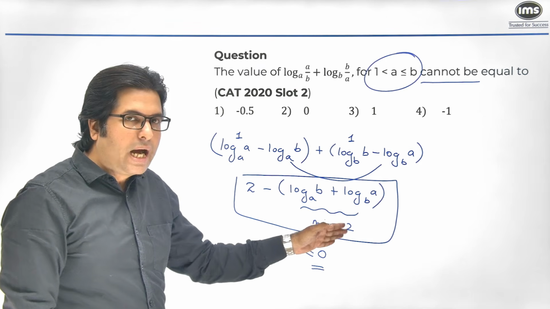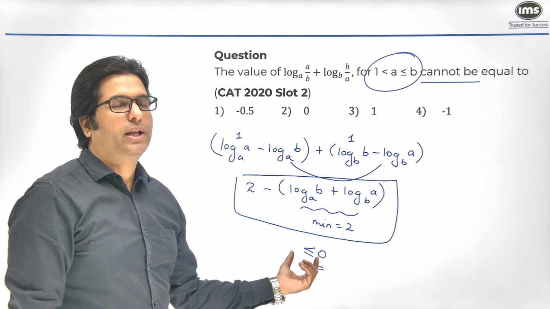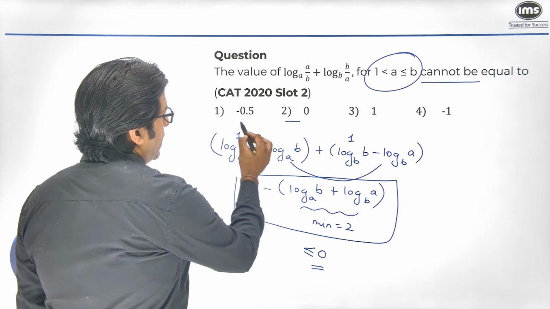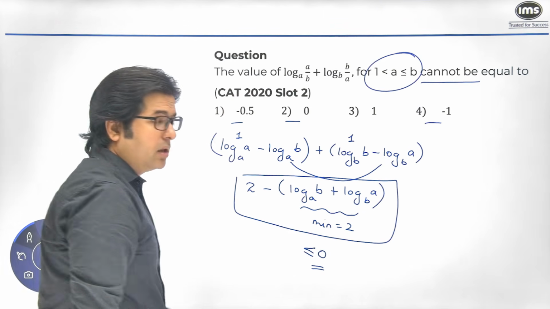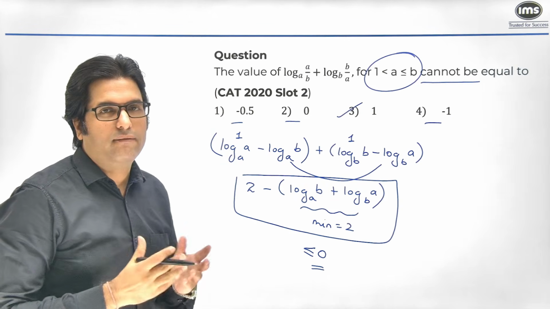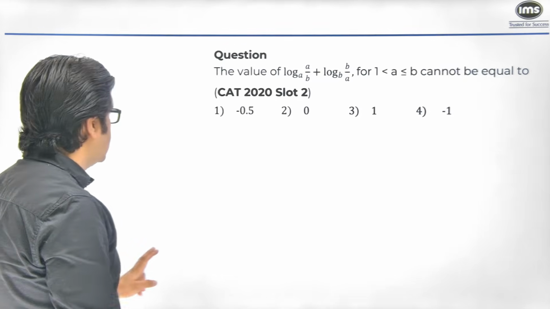But if the value goes higher than 2, 3, 4, 5, then this expression becomes negative. So the expression is always either 0 or negative. So 0 or negative are acceptable. The only value which is not acceptable is option 3, 1. Simple enough.